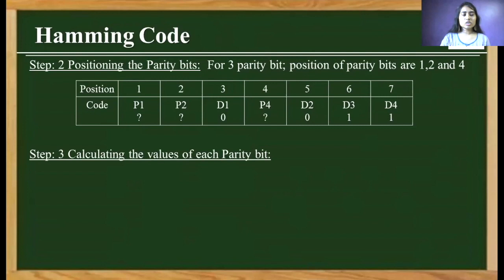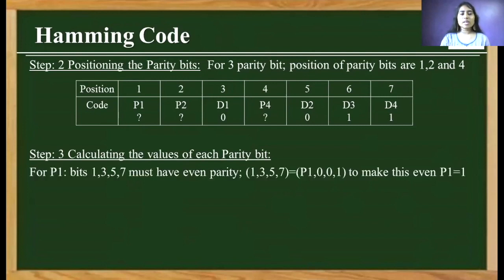So let's calculate. Step number 3, calculating the values of each parity bit. For P1, we have to consider the 1, 3, 5, 7 position bits, and these positions must have even parity. So the first position has P1, the third position has bit 0, the fifth position has bit 0, and the seventh position has bit 1.